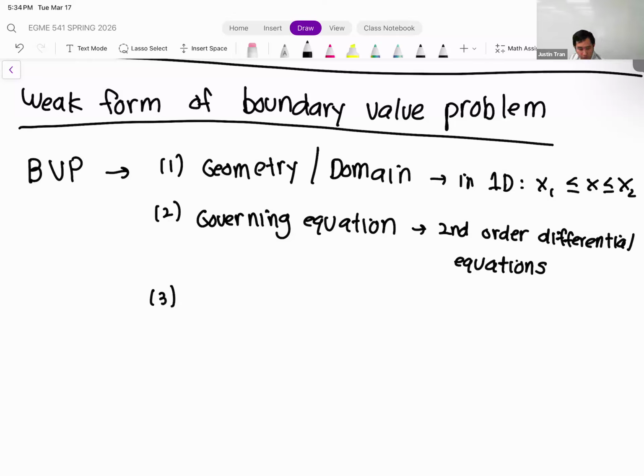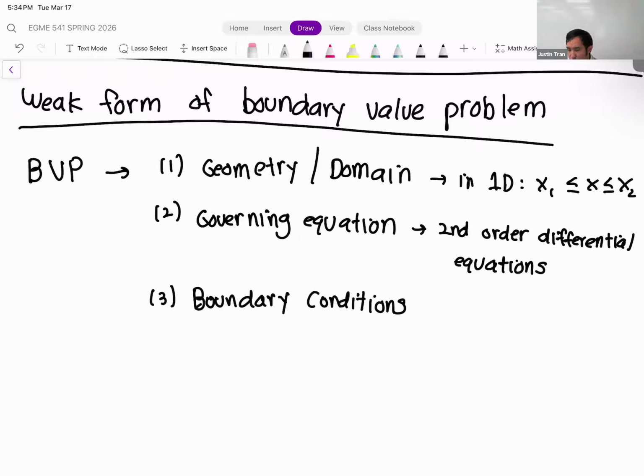All right, and the third ingredient is the boundary conditions. Boundary conditions are a concept that you guys are very familiar with. We've dealt with them a lot in our direct stiffness methods. Essentially, the boundary conditions describe, or define, how your system is behaving at the extremities of the domain.